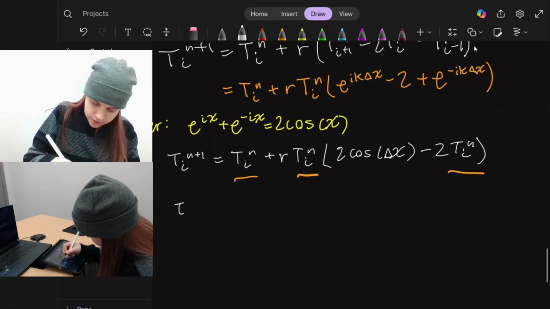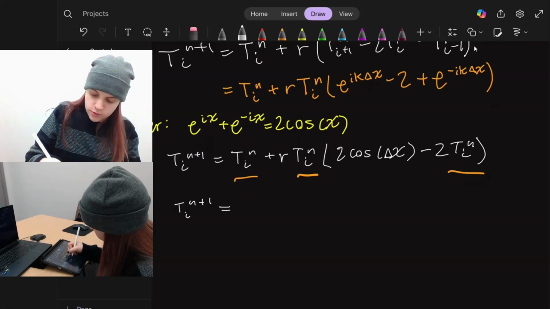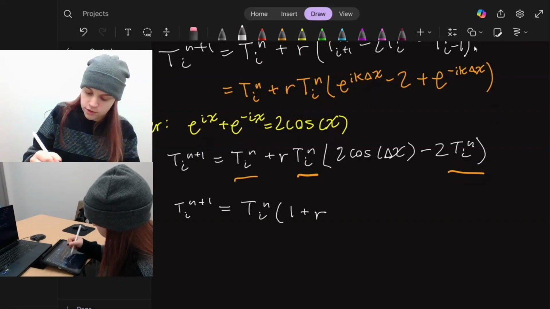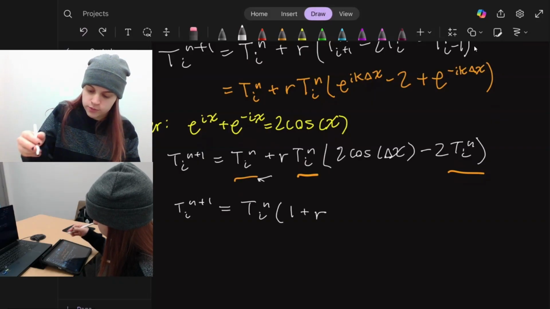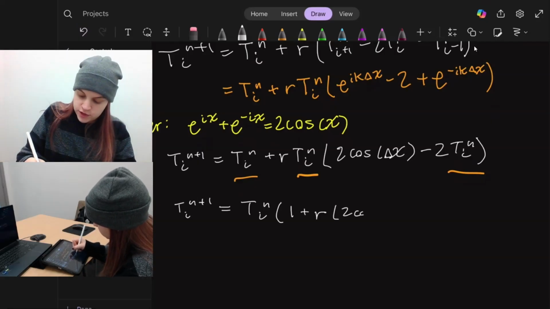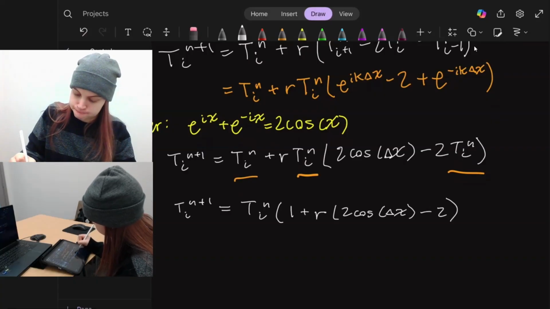We're going to say Ti^(n+1) is equal to Ti^n times 1 plus r, so the 1 gives us that value, the plus r gives us that value, multiplied by 2 cosine delta x minus 2. That's how we get the 2Ti^n.